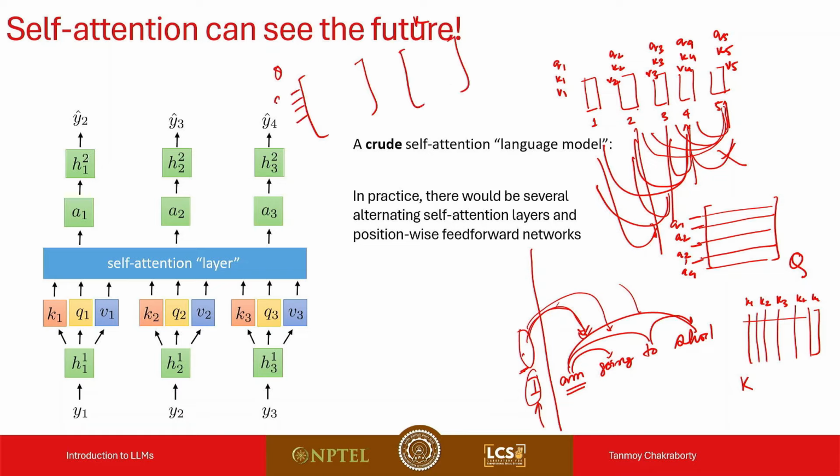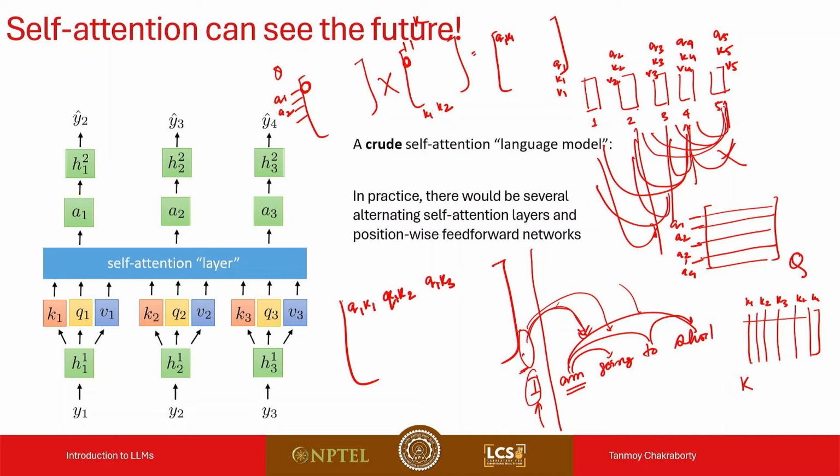Okay, so this is your Q, and this is K. Q1, Q2, K1, K2. When you multiply them, this is not an ordinary matrix multiplication, so the resultant matrix will be Q1K1, Q1K2, Q1K3.